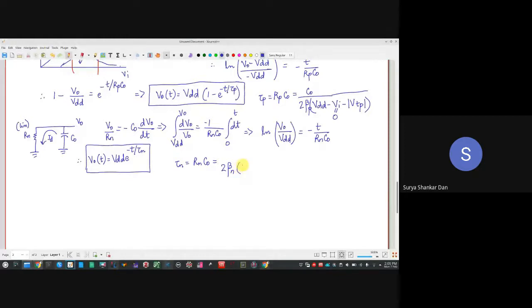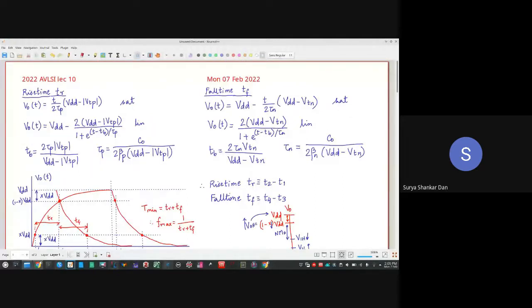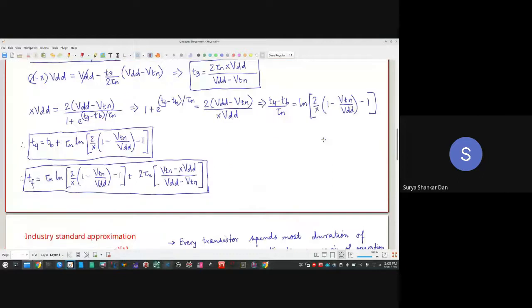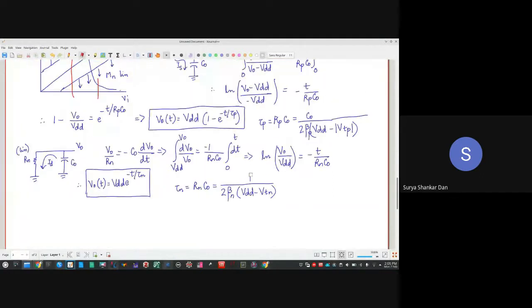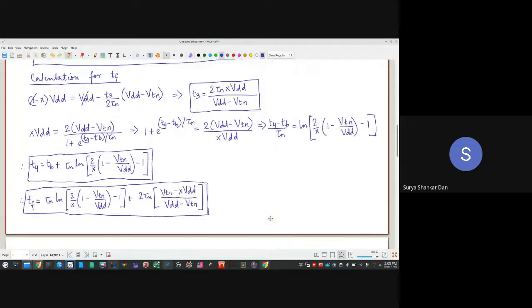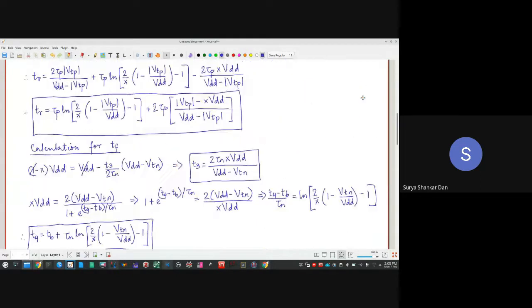VGSN will be VDD, so VDD minus VTN goes up. Here what was there? Twice beta n, VDD minus VTN upon CO. That's okay. Sorry, the CO will be. Okay, so this is exactly matching with this. CO by twice beta n VDD minus VTN, CO by twice beta n VDD minus VTN.